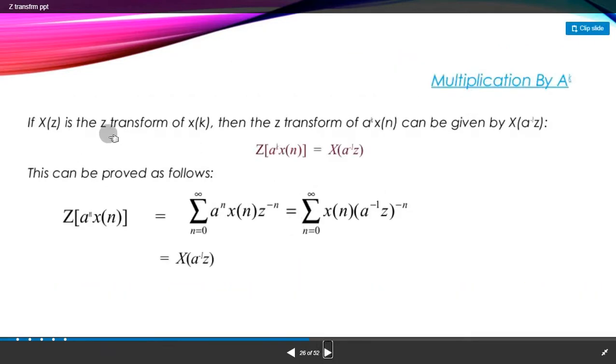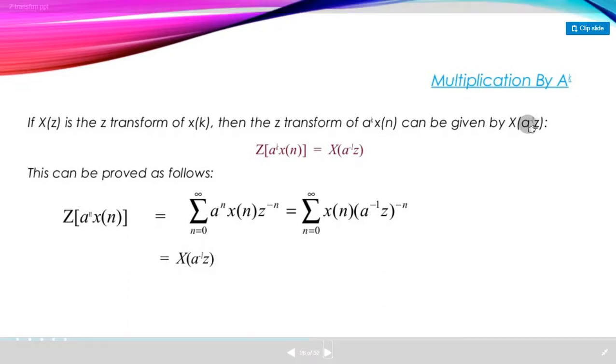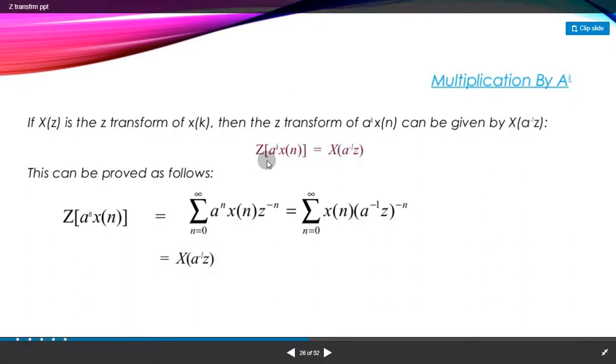Now if X(z) is the Z transform of x(k), then the Z transform of a to the power k times x(n) is given by X(a to the power minus 1 z).